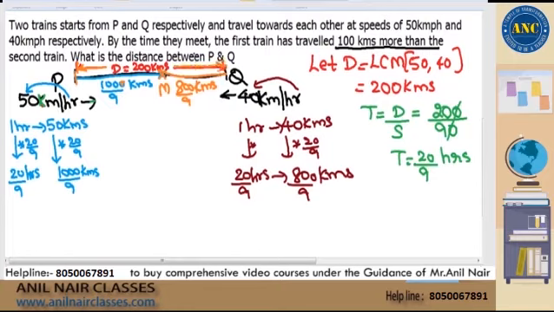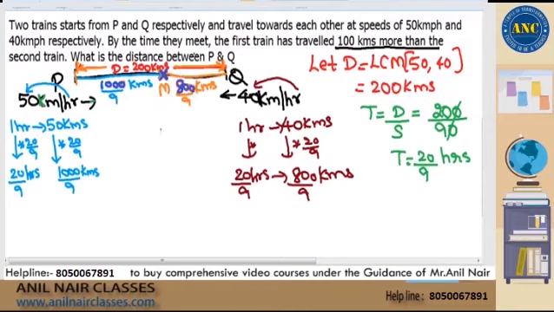Now listen to this carefully. I assumed it as 200. Because of my assumption of 200 only, I am getting all these 1000 by 9 and 800 by 9. That means, according to my assumption, by the time they meet, one train has traveled 1000 by 9 kilometers, another train has traveled 800 by 9 kilometers.